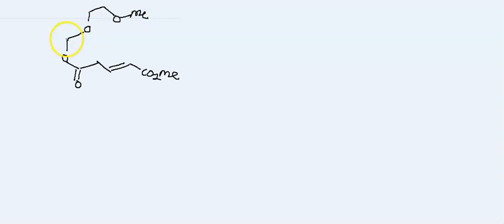Here is your CO2Me, there is your conjugation, and here is your carbon with C double bond O, CH, and also your oxygen, here your methoxy, the methoxy-ethoxy-methyl ether.